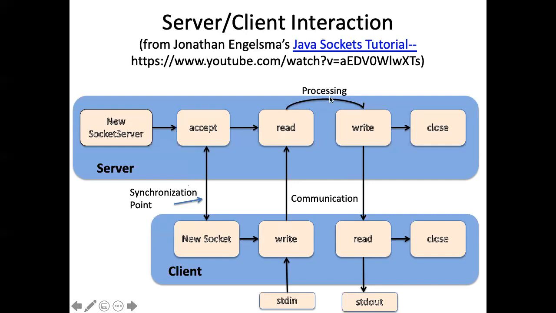It can do some processing and then write to the socket, which is then sent to the client. So typically, the client is taking some information from standard in, presumably doing some processing with it, and then writing it to the server. The server is doing some back-end processing, writing the result back to the client. The client presumably then writes that output to standard out. Okay, when both are done, they can close. So that's the basic idea.